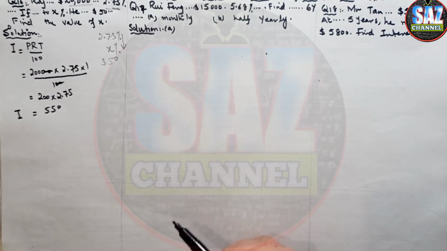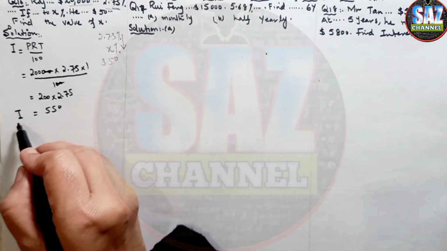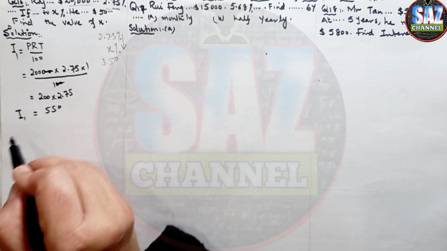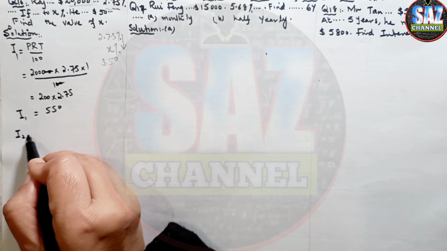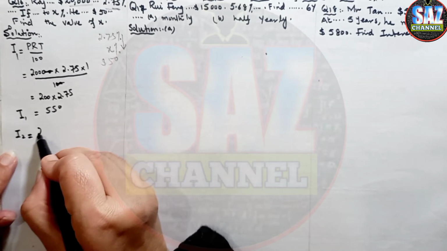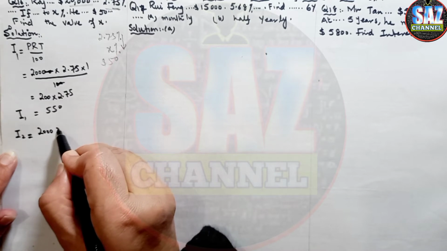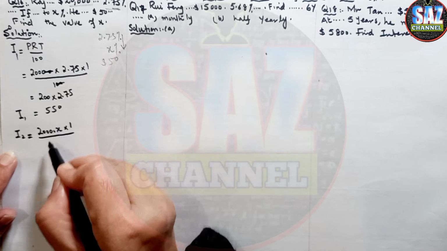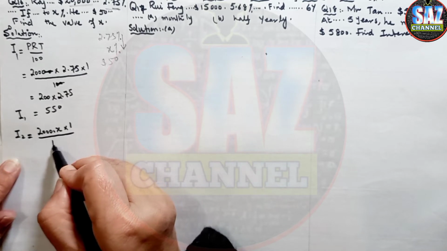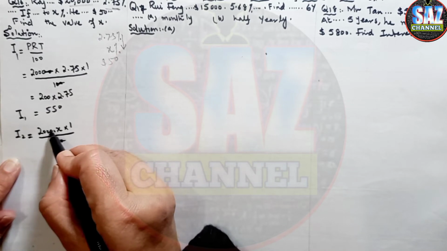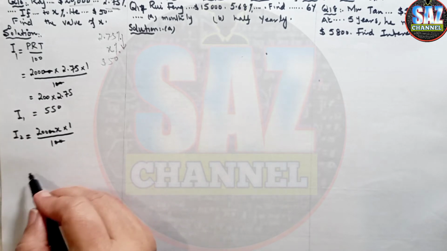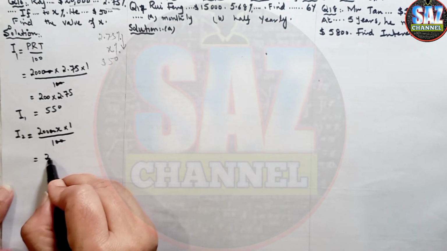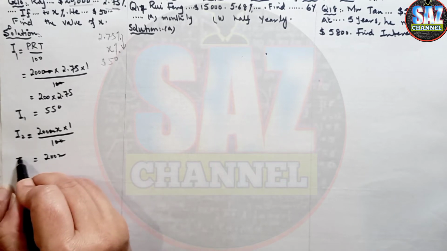Now when the interest rate has decreased to X percent, we have to find how much interest he will be getting. So let's mark it with I1, and I2 will be equal to, principal is 20,000, interest rate is X, time period is 1, upon 100. Okay, this will be going, and I will be left with 200x. 200x equals I2.